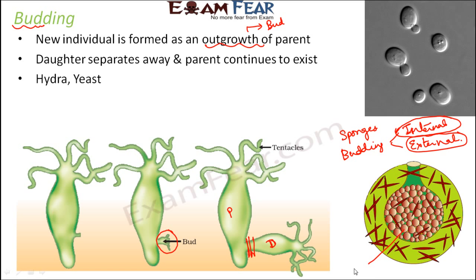Each of these gemmules is capable of giving rise to a new organism, and these gemmules are then released from inside and finally give rise to new sponges. So this is internal and that is external. Budding is very common in Hydra, yeast, and also in porifers or sponges.